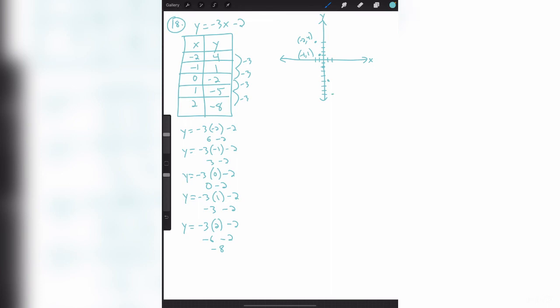Okay. And I'll label the rest of them: 0, -2, I've got 1, -5, and 2, -8.